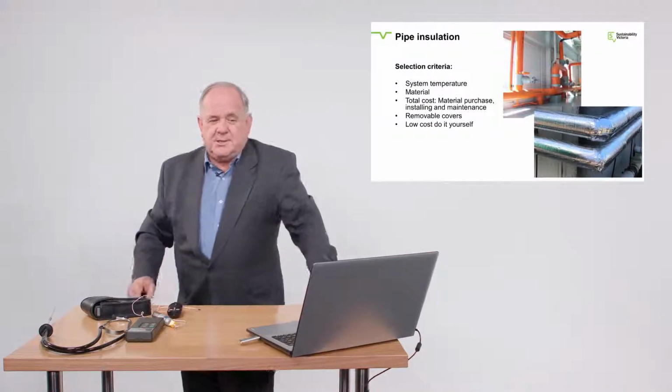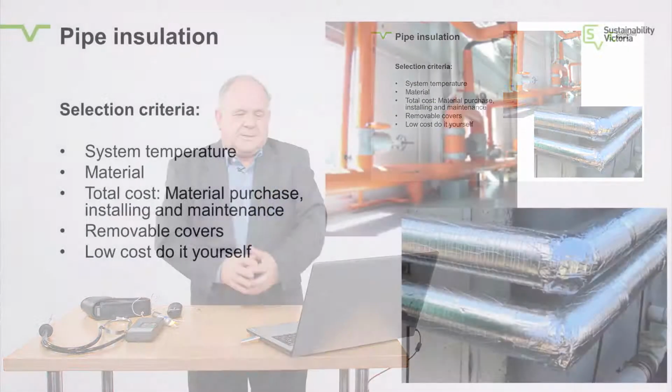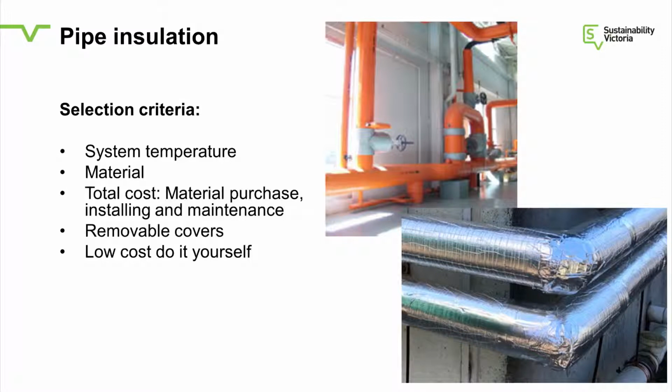Okay, what about insulation? I guess most plants tend to have all their pipes insulated, although some don't. But often they don't insulate the valves. If you see that top photo there, you'll see the grey insulation around the valves. On the very large valves and flanges, what tends to happen is people take those apart and don't put the insulation back.